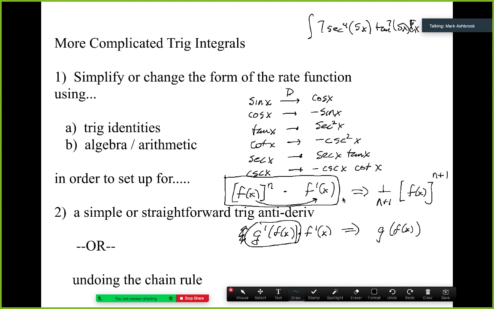Does that make sense? So we use identities and algebra to set up a form like this: some power of a trig function times its derivative, and then by the anti-chain rule, or undoing the chain rule, it will be raising the power of that same trig function.